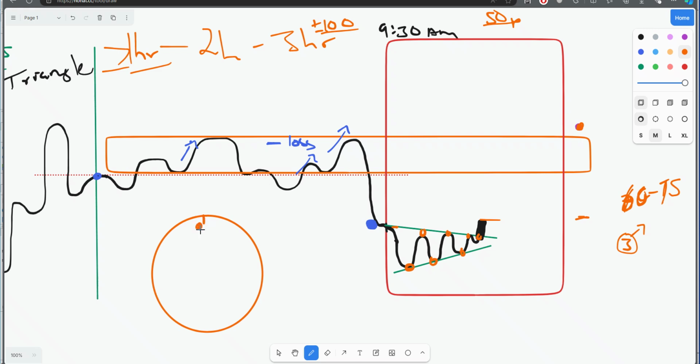This is the clock mark here. We have 30 here, and obviously we have 15 here, and we have 45 minutes here. I want my trades to be close to this mark or close to this mark.